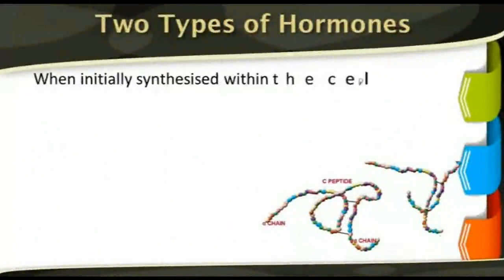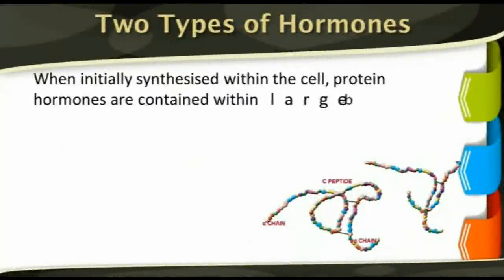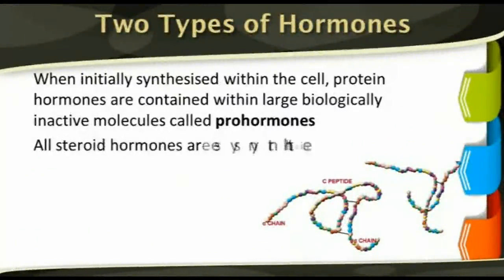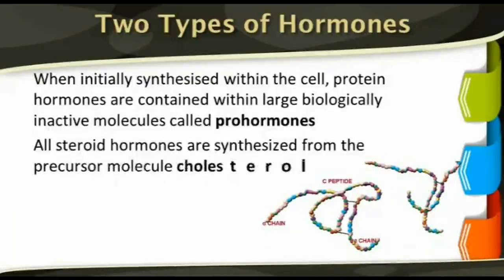When initially synthesized within the cell, protein hormones are contained within large biologically inactive molecules called prohormones. An enzyme splits the inactive portion from the active portion of the prohormones, thereby forming the active hormone that is then released from the cell into the blood.